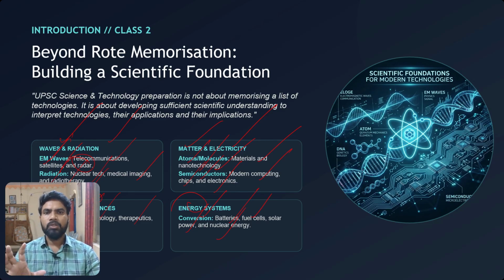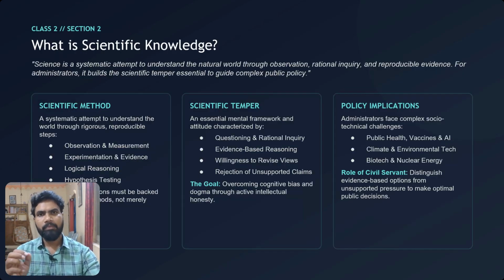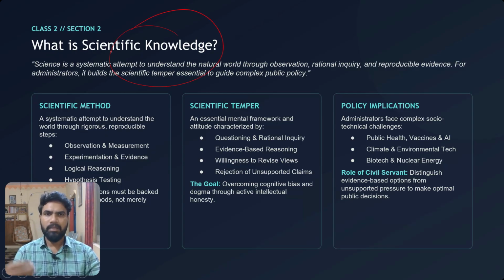To understand broader aspects or emerging technologies, first you should have the knowledge of these basic concepts. To understand those concepts, these following lectures will help us. We have already seen what is scientific knowledge, but once again we will remind ourselves. In the first class, we studied what is science, what is scientific knowledge and what are technological applications.